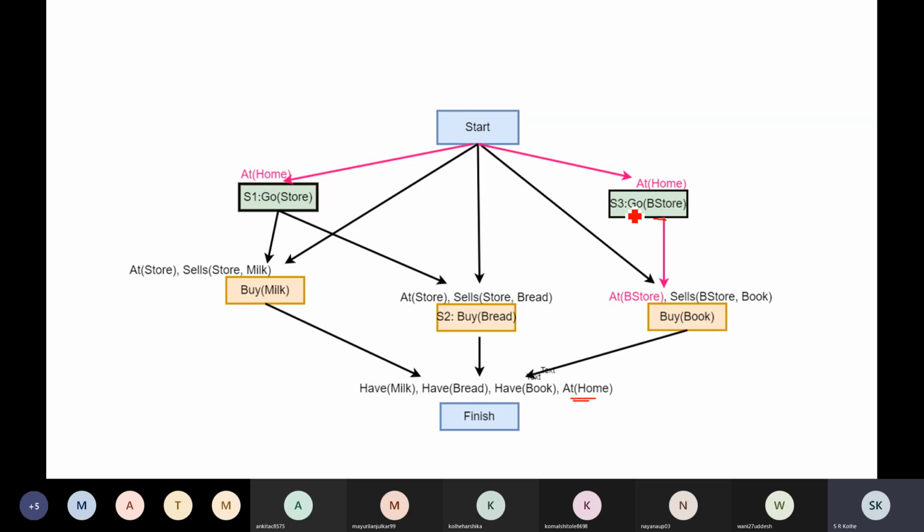To perform now this go to bookstore. Robot is at store, but robot has to buy book also. But robot is at store now. Or suppose this is performed first. Bookstore. So robot will be at bookstore. Okay. So robot has to buy bread and milk also.